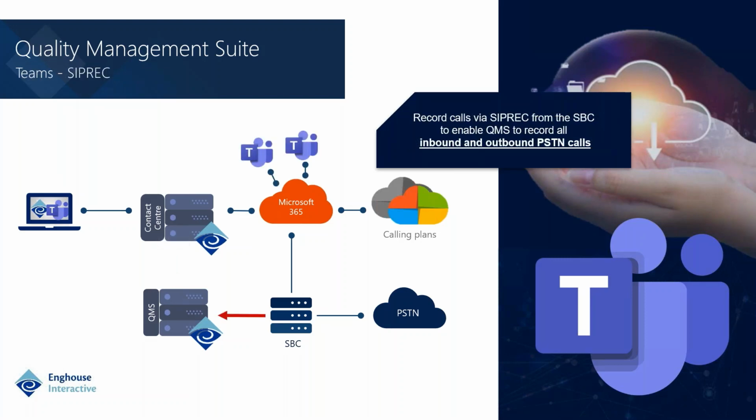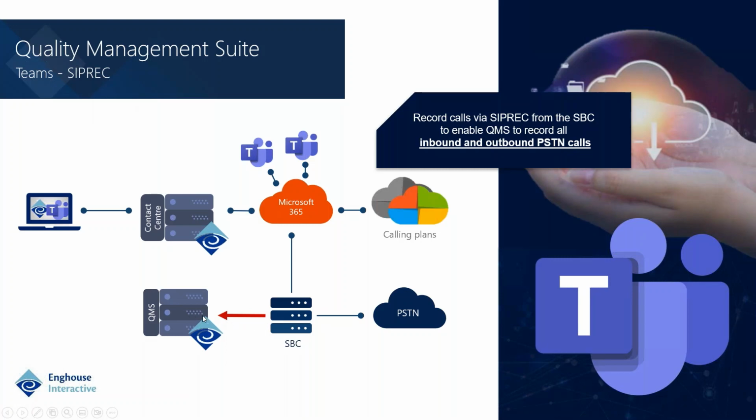The other method is more common to people that would understand session border controllers, or SBCs. That's the device that connects the outside world into your Teams environment. This may be done at carrier level. It's using a protocol called SIPREC, which really is saying that the voice is traversing the SBC. Therefore, the SBC can create a connection to your call recording platform.